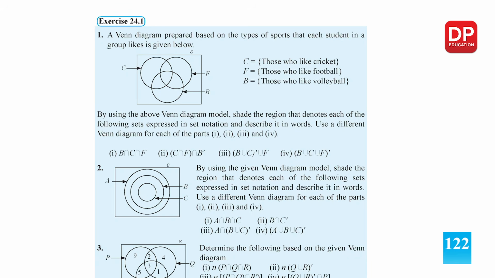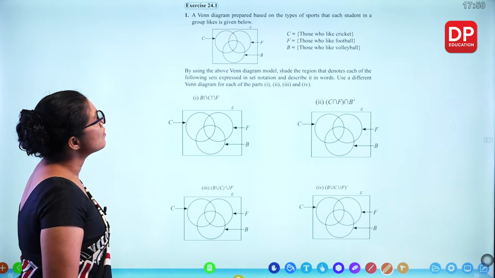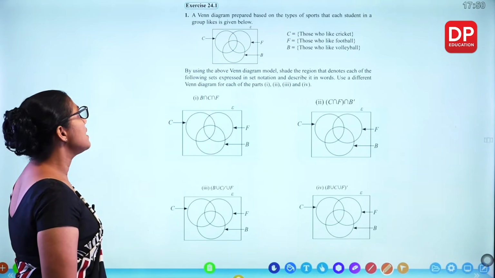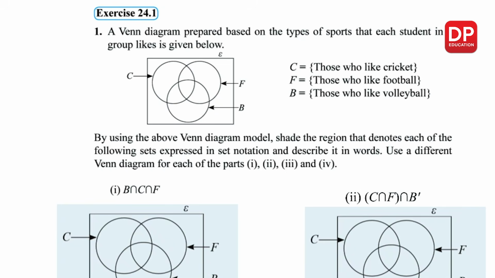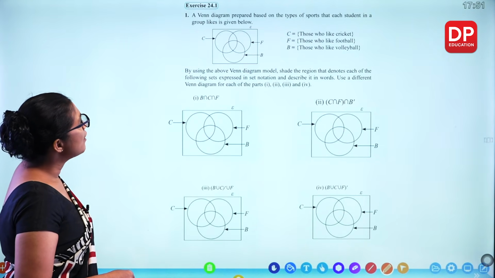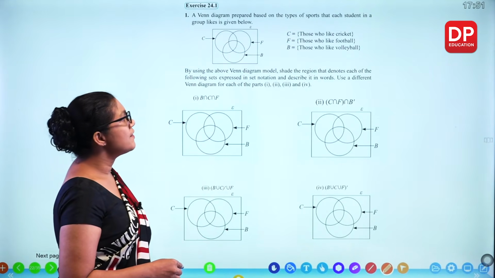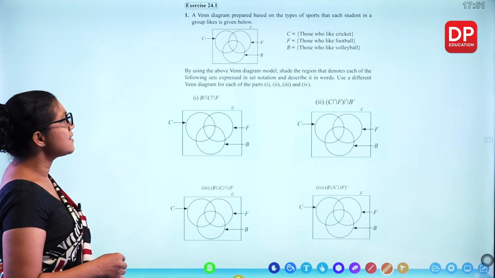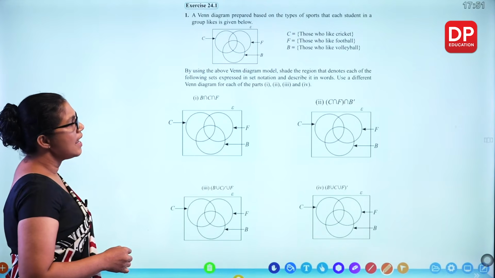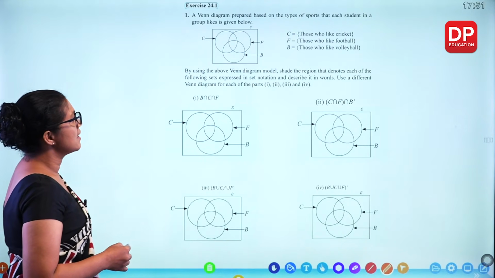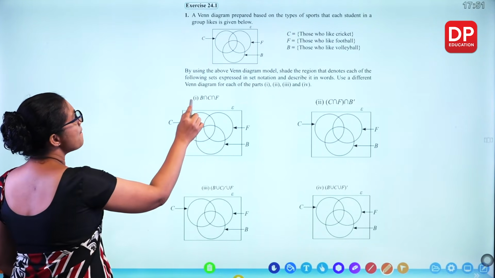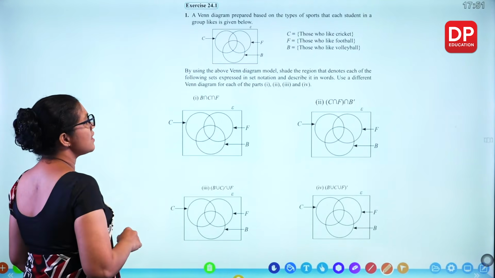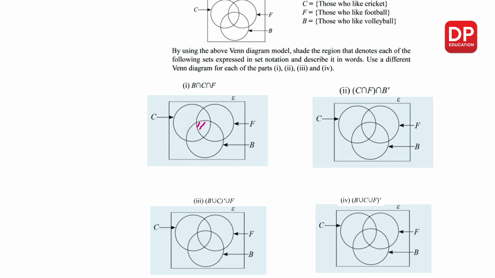Exercise 24.1. A Venn diagram prepared based on the types of sports that each student in a group likes is given below. C for cricket, F for football and B for volleyball. By using the above Venn diagram model, shade the region that denotes each of the following sets expressed in set notation and describe it in words. So we'll take the first one. B intersection C intersection F means inside all these three.